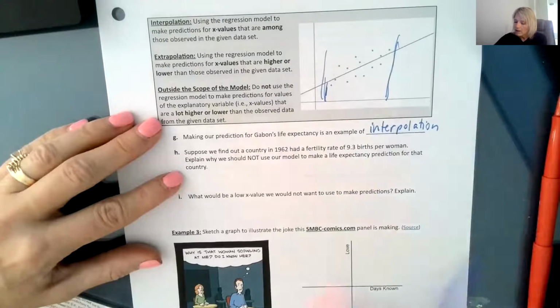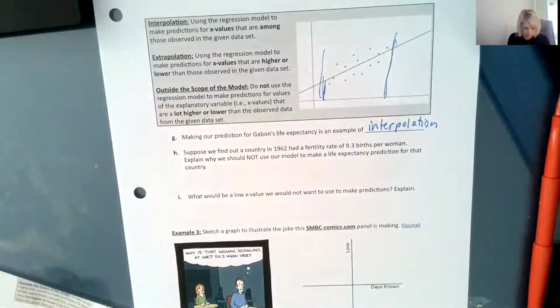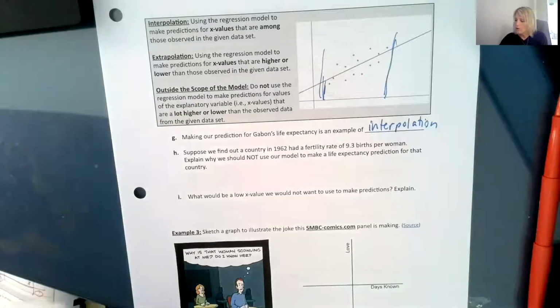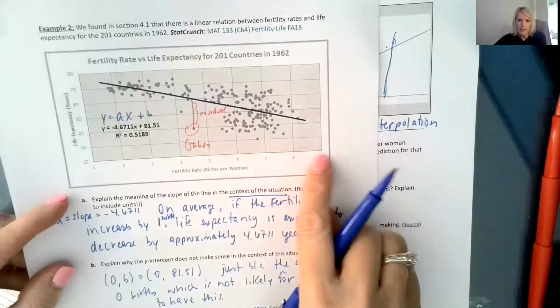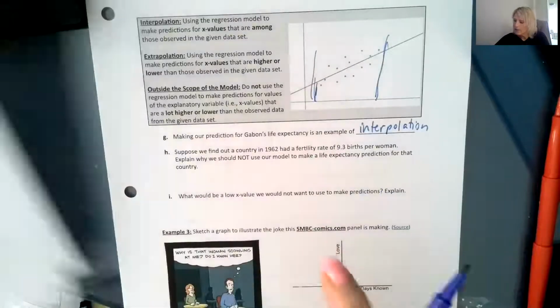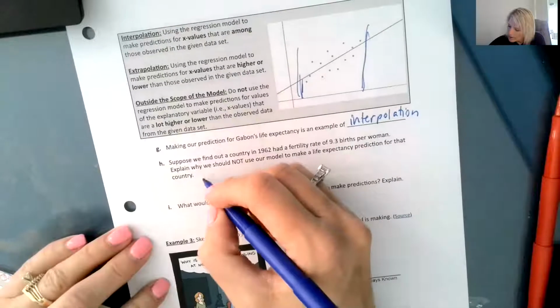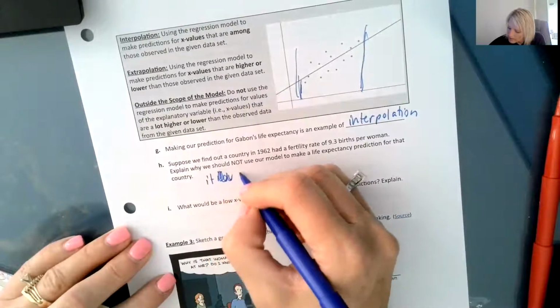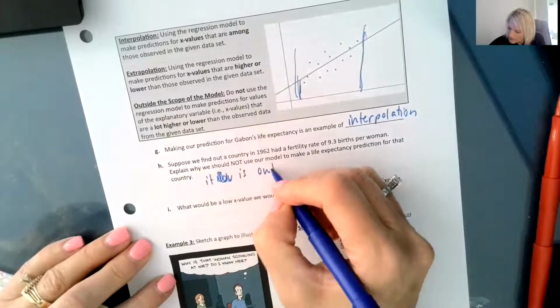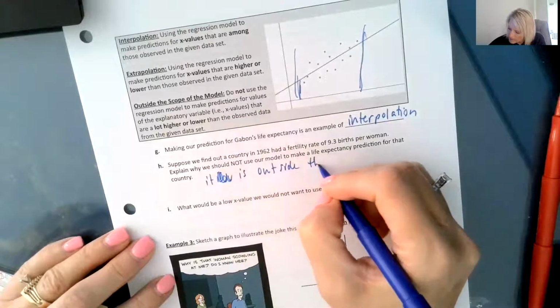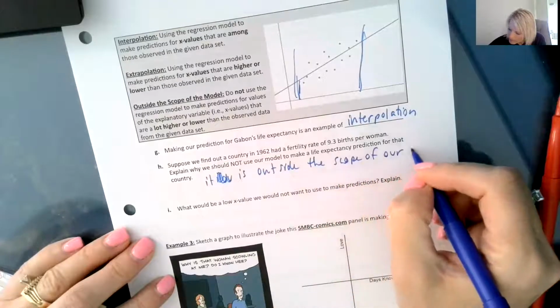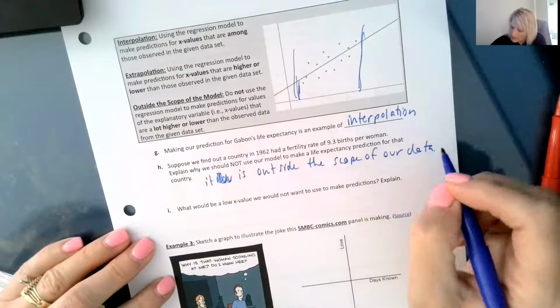Because our maximum births per woman was just over 8, we shouldn't make any predictions outside of 8.5. It is outside the scope of our data.